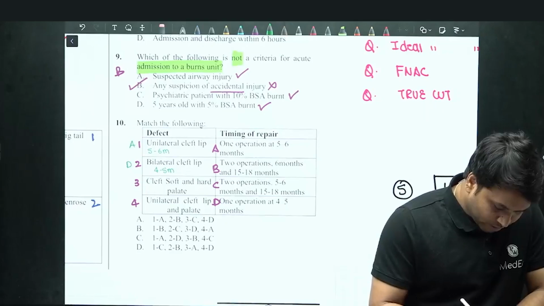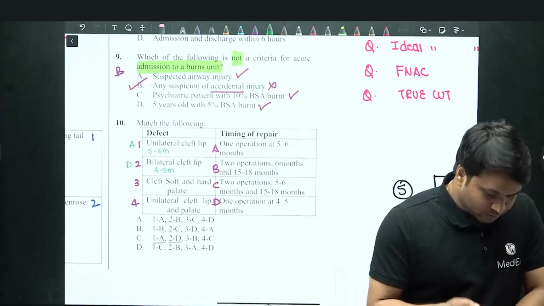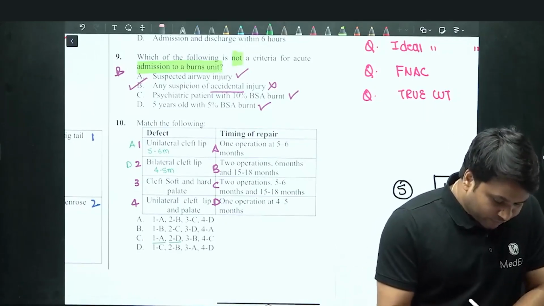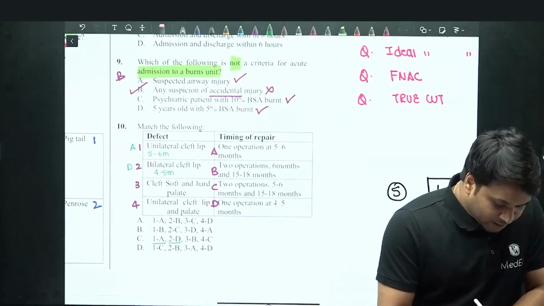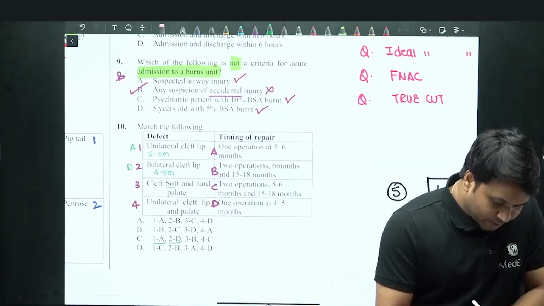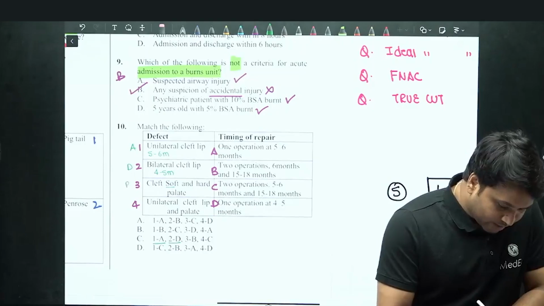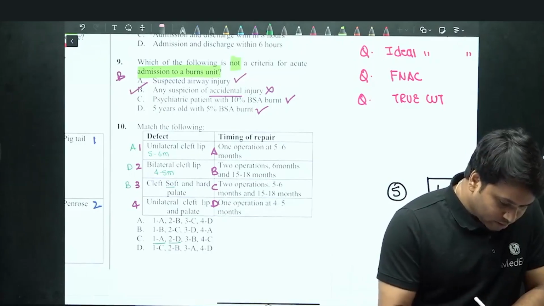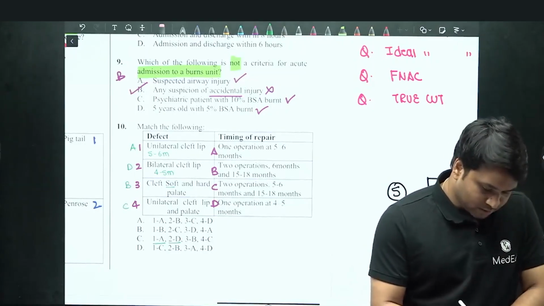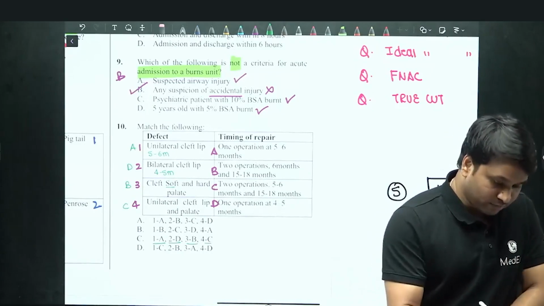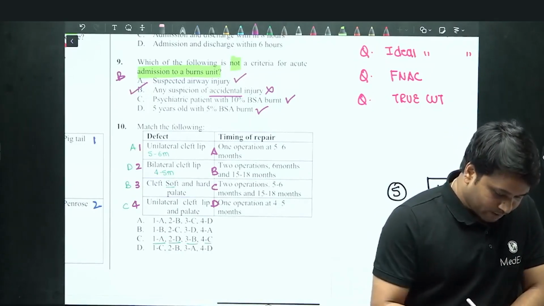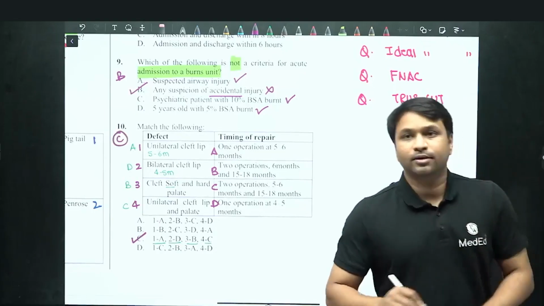No? D is going to be 2D. Okay. Got it. So you have cleft, soft and hard palate. This is going to be 2 surgeries. One is going to be at 6 months. Another one is going to be at 15 to 18 months. So 4 is C. Okay. So we are done, it was reversed. That's the confusion. Oh God. Okay. So C for Calcutta. Clear?